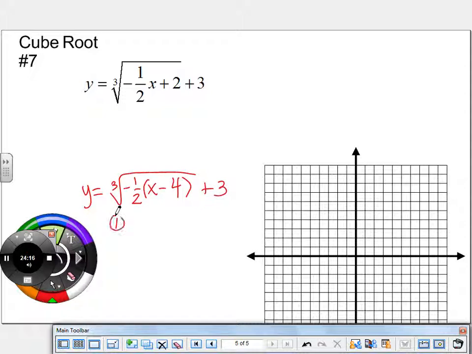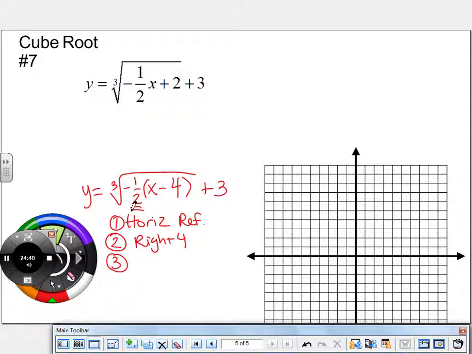So we have our horizontal reflection. We have our shift to the right 4. And remember, having a 1/2 here, is that a horizontal stretch or compression? Stretch, okay? The inside stuff is all wacky, right?